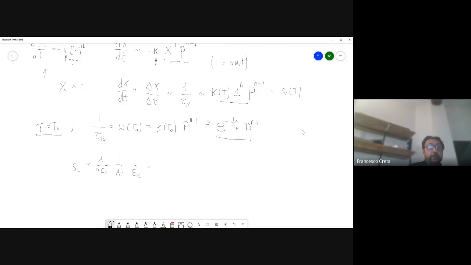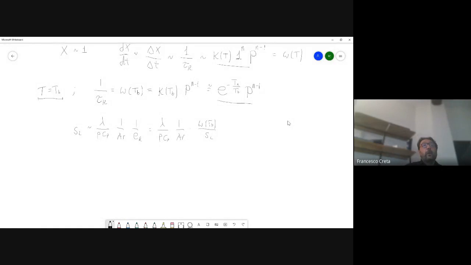So this can be replaced, by substituting for Lr, with omega Tb over SL. So this is my 1 over Lr. Now let me rewrite this because there are 2 SLs here.